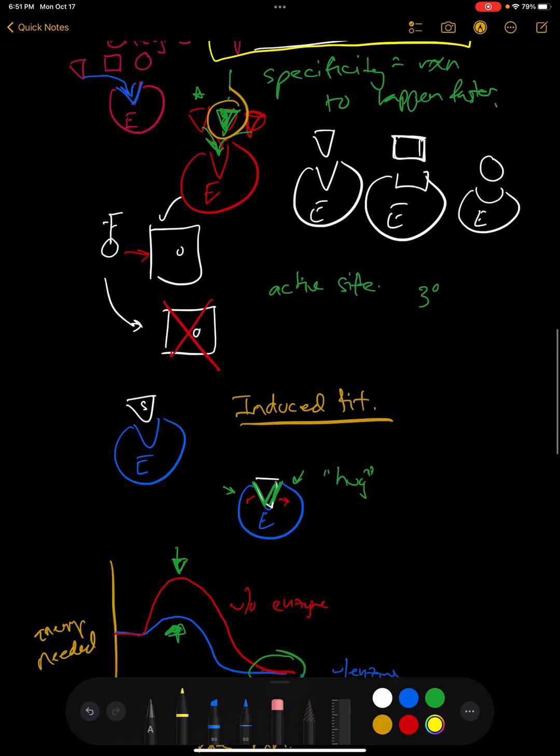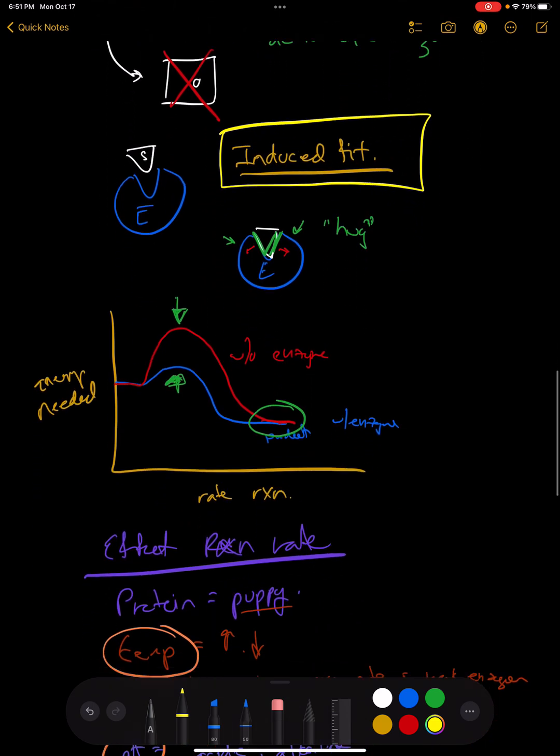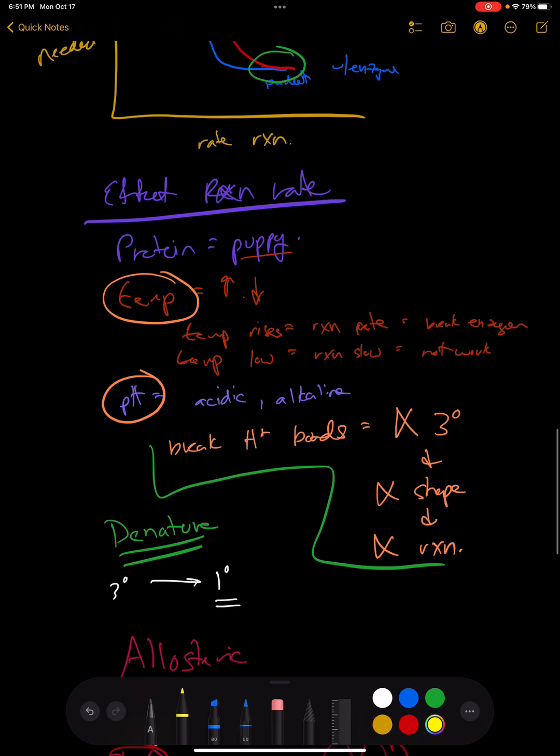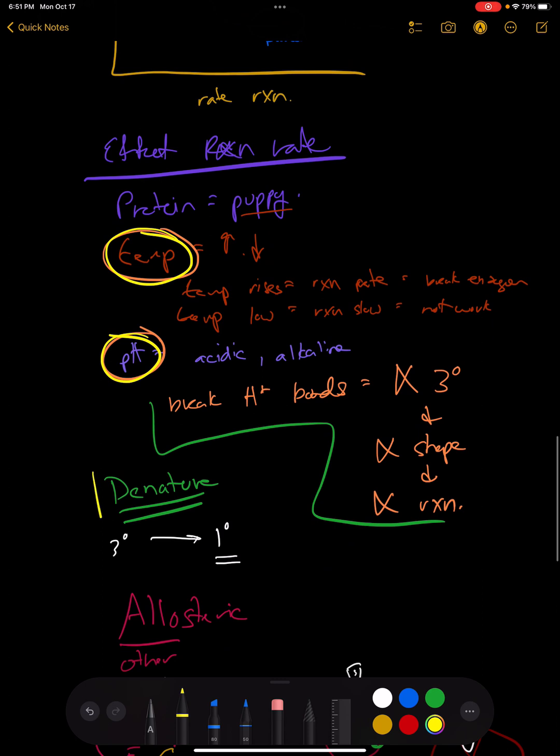And whenever that substrate fits into my active site, that's called induced fit, so it gives them a little hug. And then these are the things that can denature or that can affect the rate of reaction, temperature being a huge one, pH being a huge one. And then when they actually break that sucker, they denature it. Okay, I hope that helps.